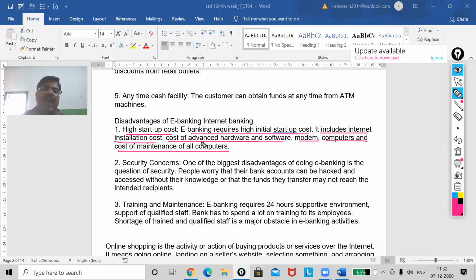Any bank that has to establish this has to go for the setup. Surely, if the infrastructure is going to be made, at that time there will be huge expenditure. And how will it be maintained? Only by taking charges from the customers.